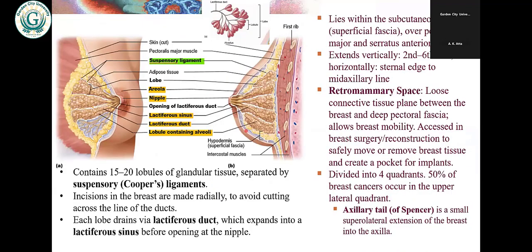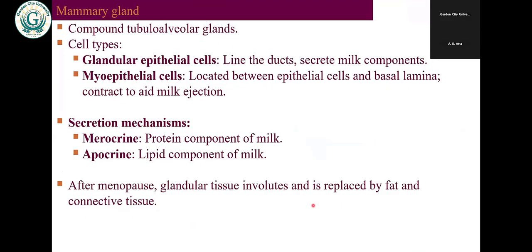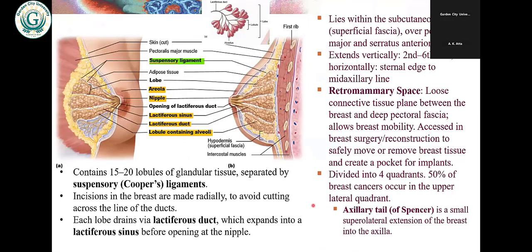So the lobules are technically the functional unit of the breast. If you want to be very specific, we talk about the terminal duct lobular unit. The terminal duct lobular unit is the functional and histopathological unit of the breast. But of course, if you don't want to look at it that way, the lobes are divided into lobules, and the lobules constitute the functional unit of the breast.